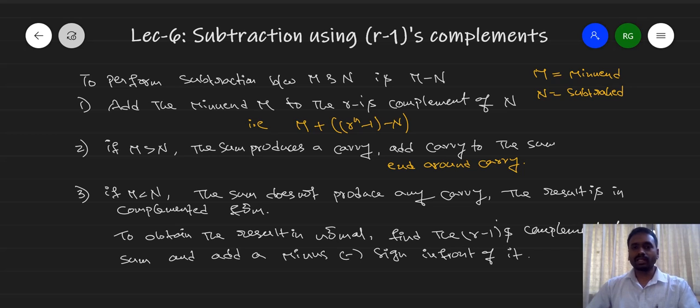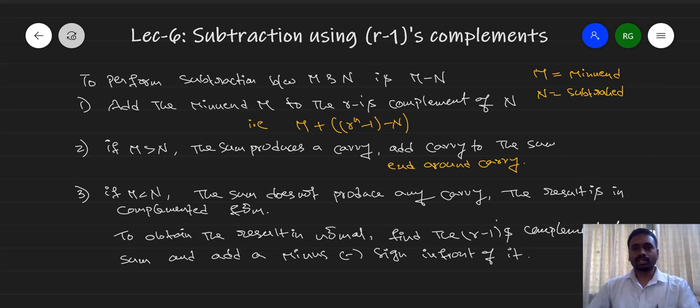First of all, we find the r minus 1's complement of the negative number and add it to the first number. If a carry is generated, that is, if my m is greater than n, there is a carry. The carry is again added to the sum. Adding this carry again to the sum is called end around carry. If my m is less than n, the sum does not produce any carry and the result is also in complemented form.